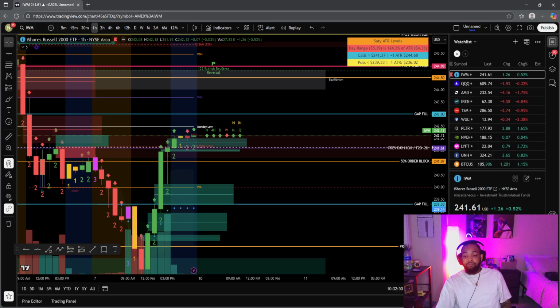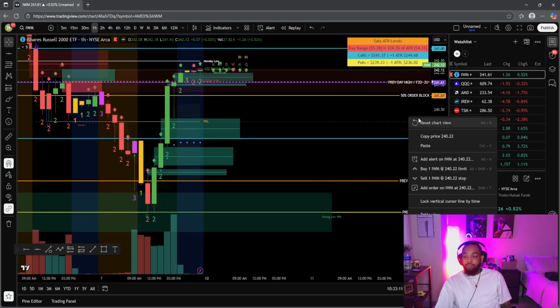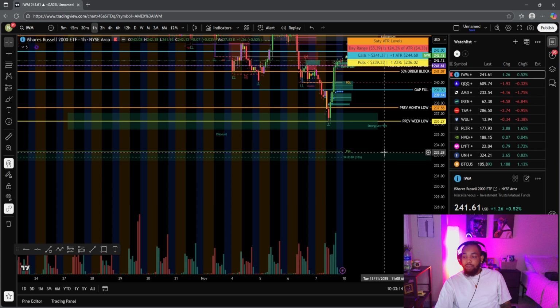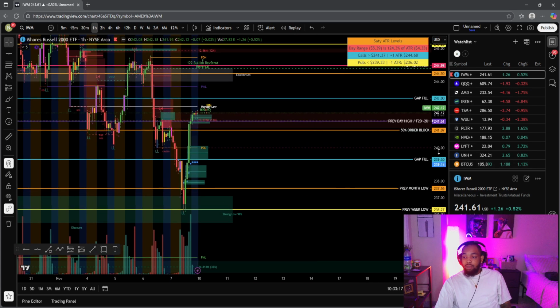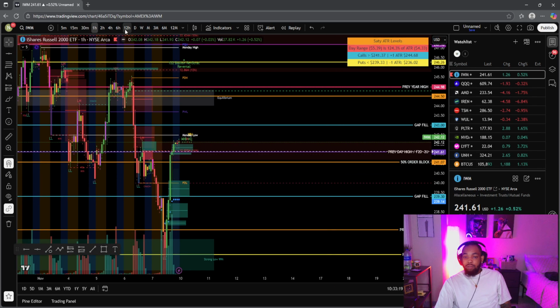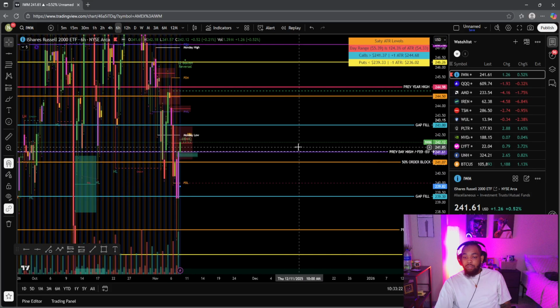But basically what I'm looking at right now, I know price broke above, so I'm still gonna keep this alert, because if price breaks back through this level, we can see a change in direction, and we could target this gap fill here, then we have this gap fill here at 238 as well.